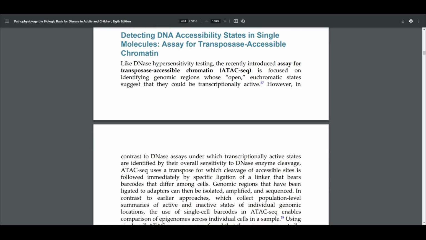Detecting DNA accessibility states in single molecules. Assay for transposase accessible chromatin. Like DNase hypersensitivity testing, the recently introduced assay for transposase accessible chromatin, or ATAC-Seq, is focused on identifying genomic regions whose open euchromatic states suggest that they could be transcriptionally active.